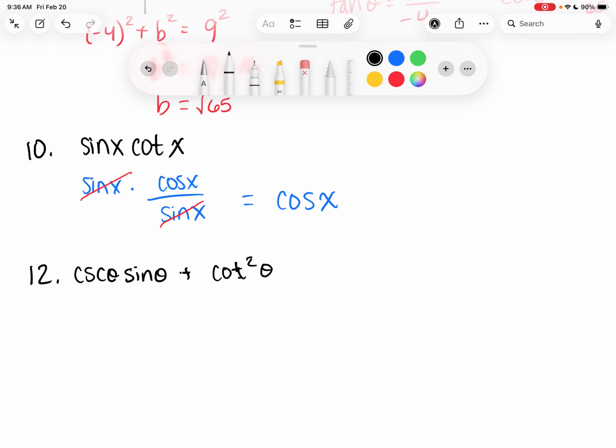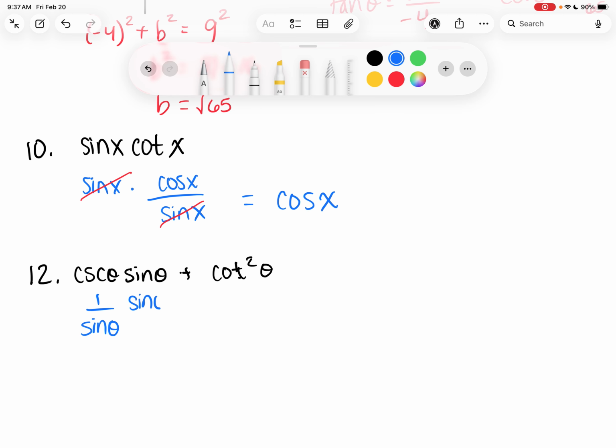That's always my first thought. But those are all one of the functions squared plus 1, minus 1, something like that. So right away I don't see that I have that, but I look to see if there's anything else I can rewrite. The only thing is cosecant. How can I rewrite cosecant? It's 1 over sine theta.